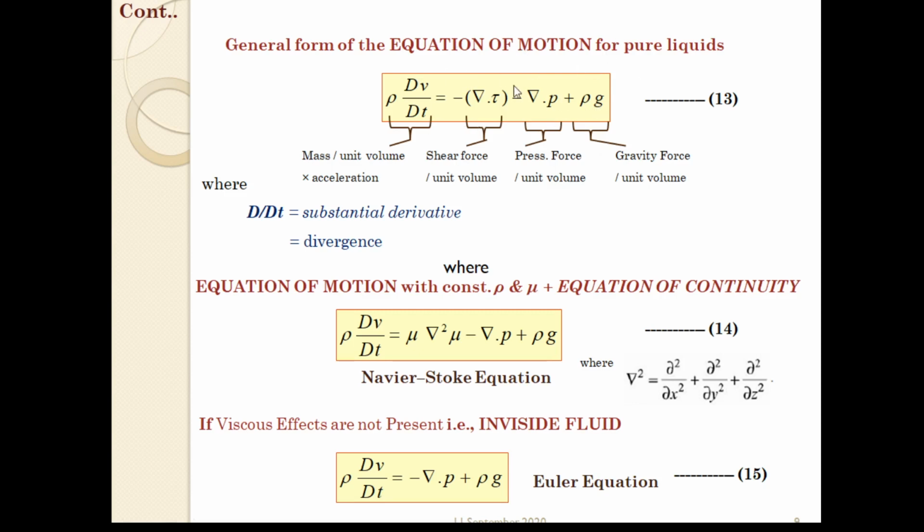Now all these equations, the Navier-Stokes equation as well as the equation of motion, are available in different coordinate systems. What would be the equation for the x component in Cartesian, cylindrical and spherical coordinates, or similarly for the other components in all three coordinate systems.